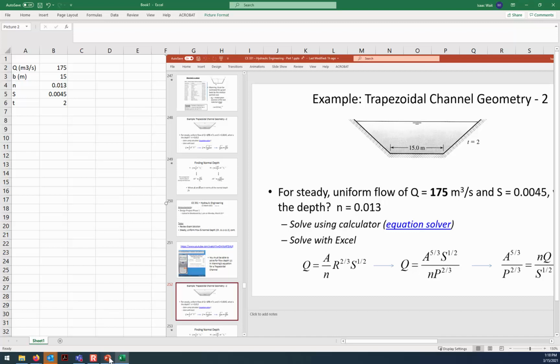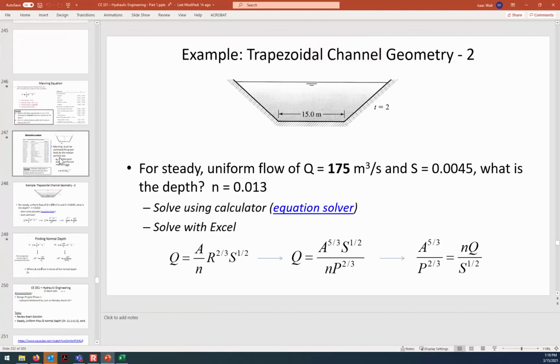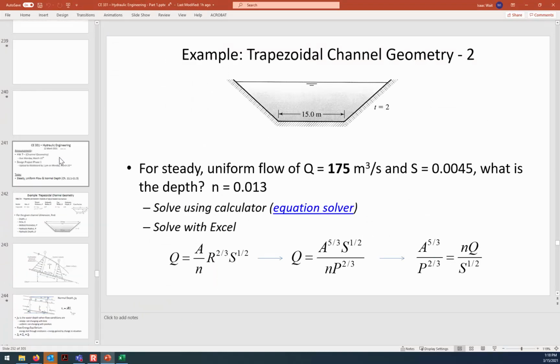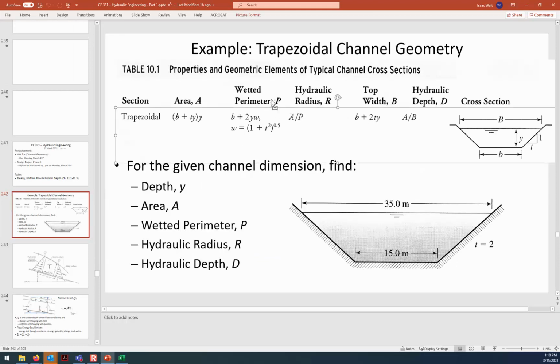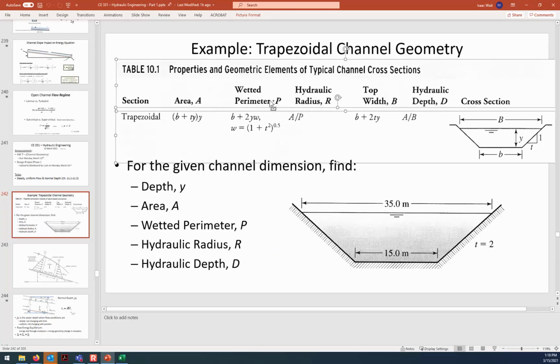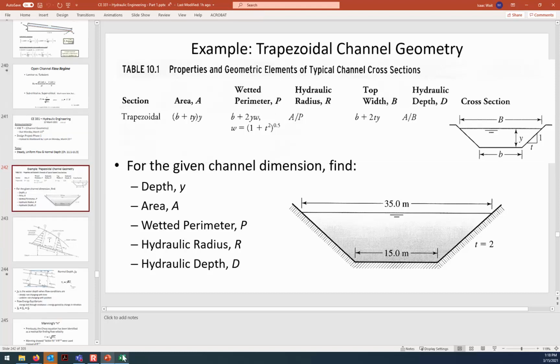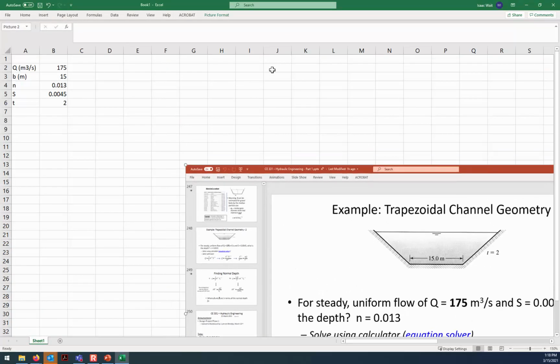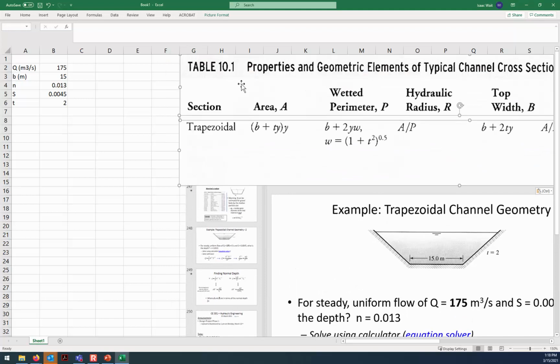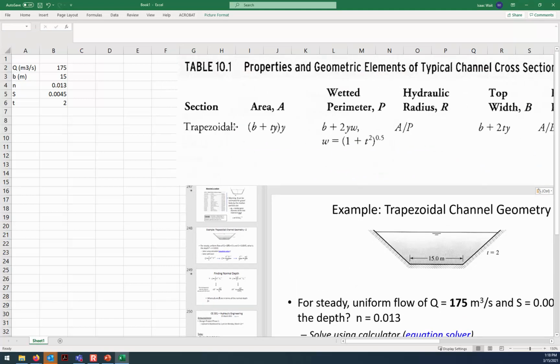And let me show you back in, it was table 10.1 where we had the geometric parameters. Let me copy that and paste it in. Because I want to have an expression for W. Okay, so W is 1 plus t squared to the 1/2 power.